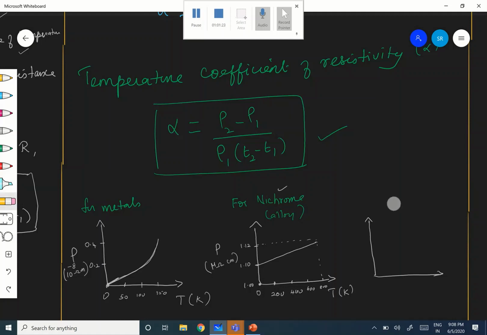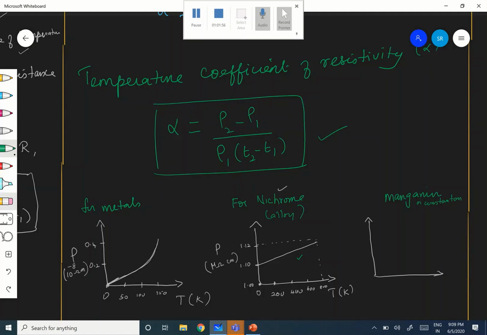For manganese or constantan, the change in resistivity is very small, up to 800 Kelvin. If you increase, it is very small, as if it is thinking whether to change or not. That is the reason why we make resistance coils with manganese and constantan. Hope you are following this.